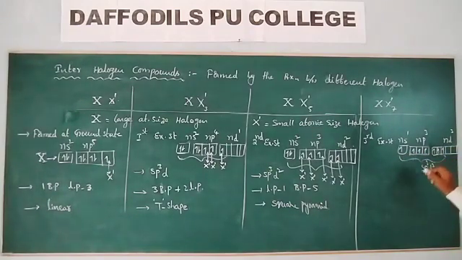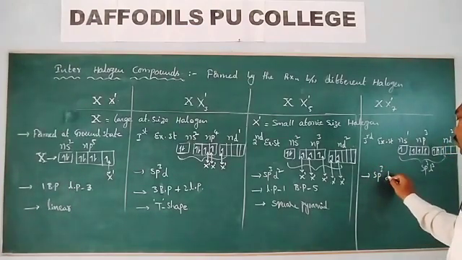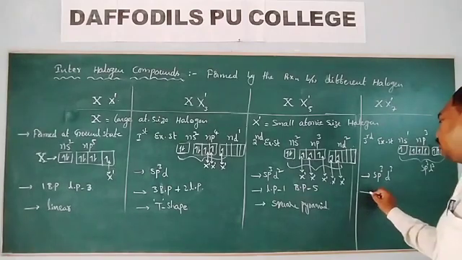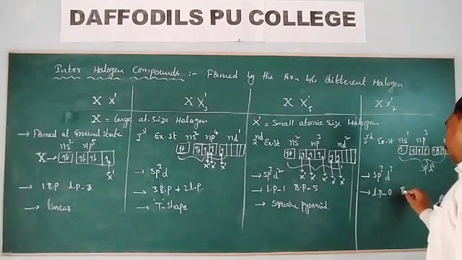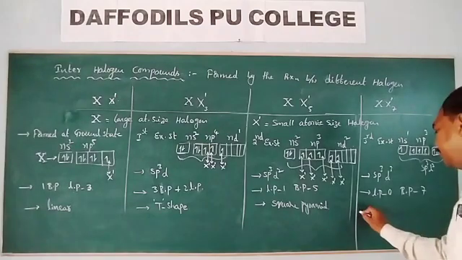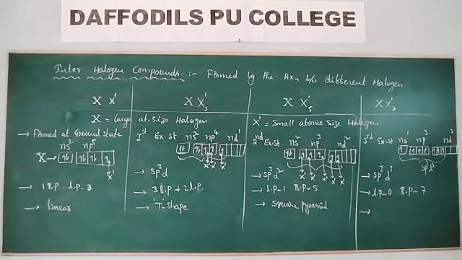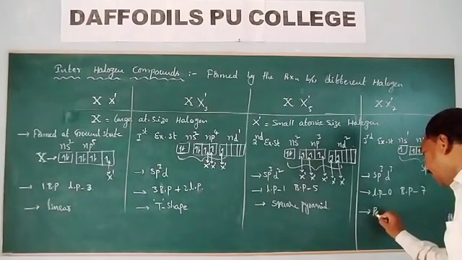So the hybridization is sp3d3. Lone pairs 0, bond pairs 7. Shape of the molecule: pentagonal bipyramidal.